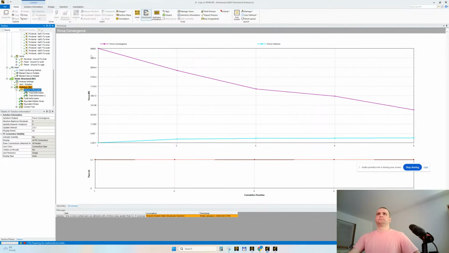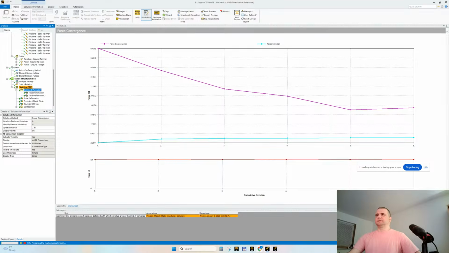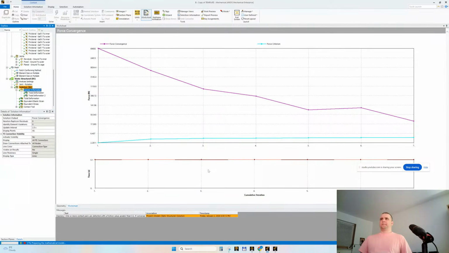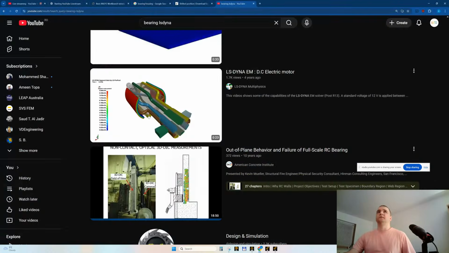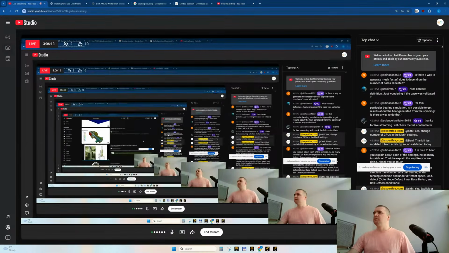Nicer value. Convergence, this is what we need, this is what we want. Do we have any question from the audience? No question, okay.